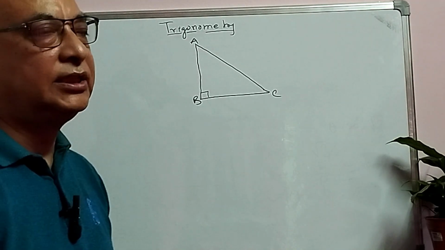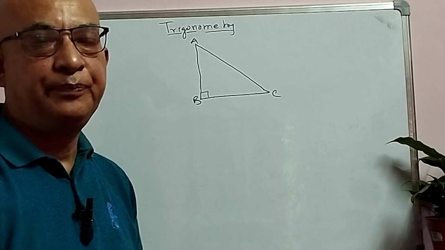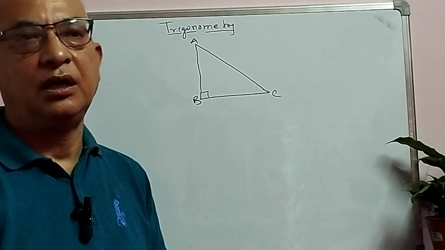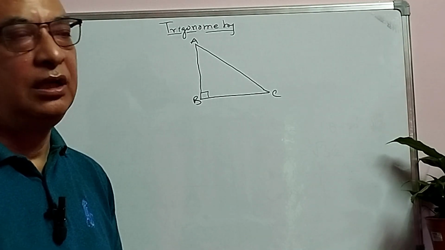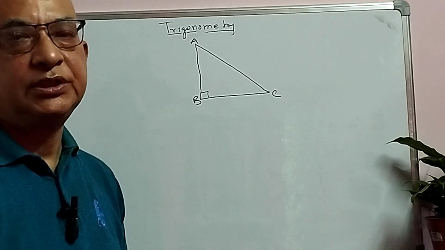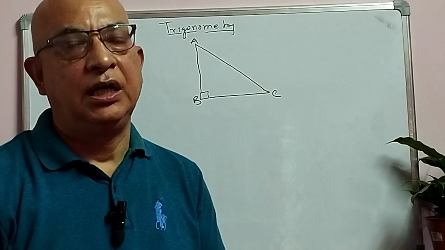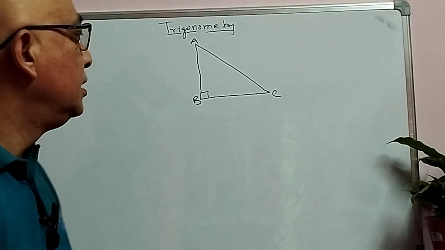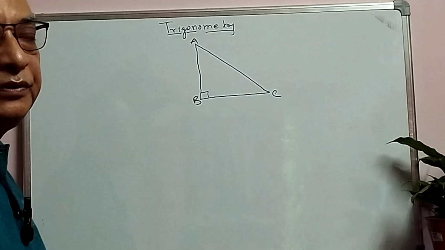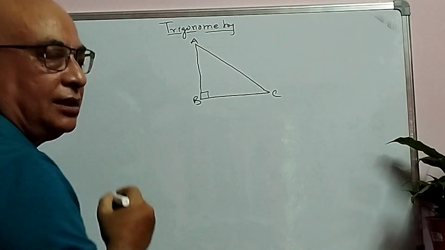If we understand these things, then it will be very helpful to understand and go on learning and being able to find solutions on the subject of various trigonometrical expressions like finding values, etc. So as I said, this is the study of measurement of sides. ABC is a right angled triangle.